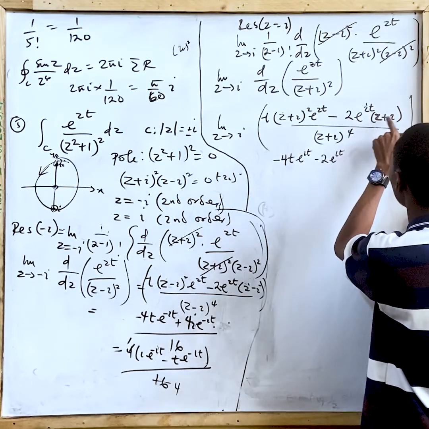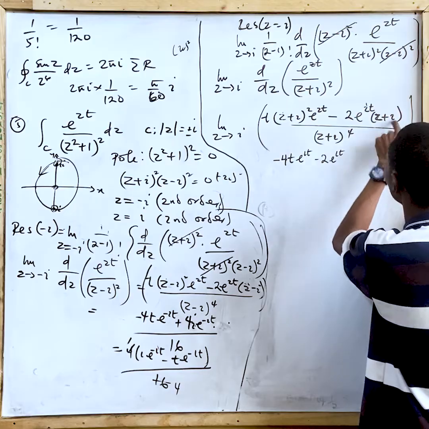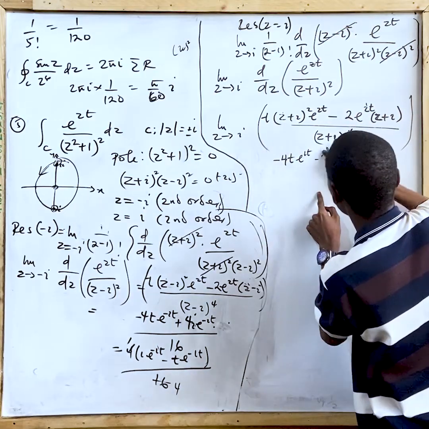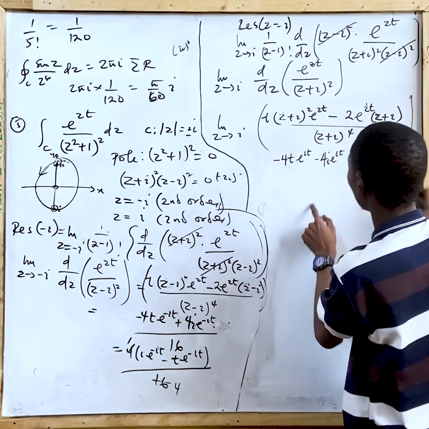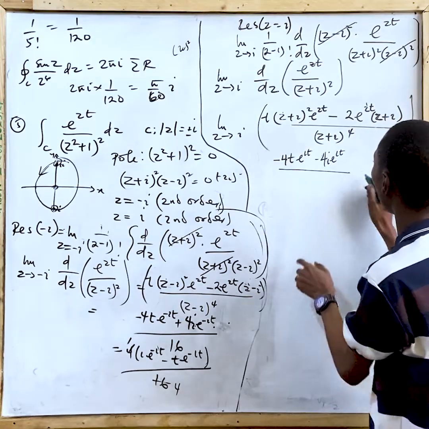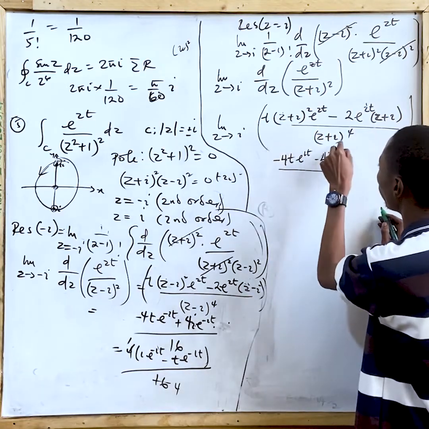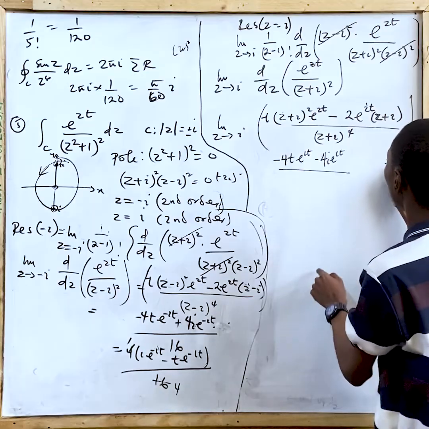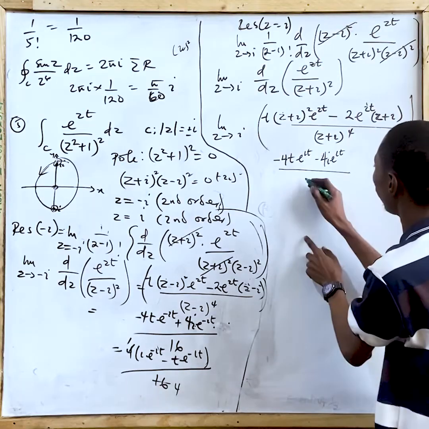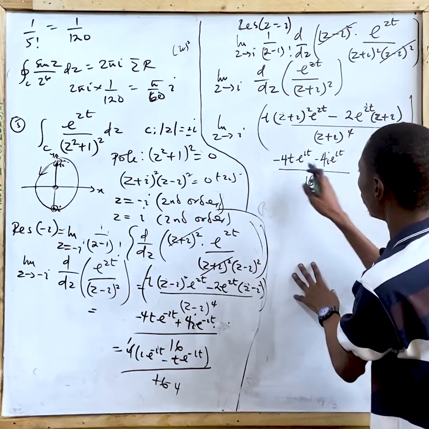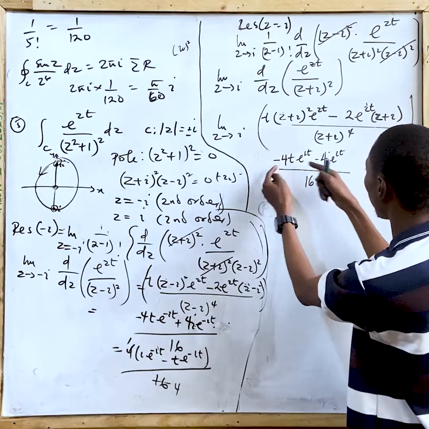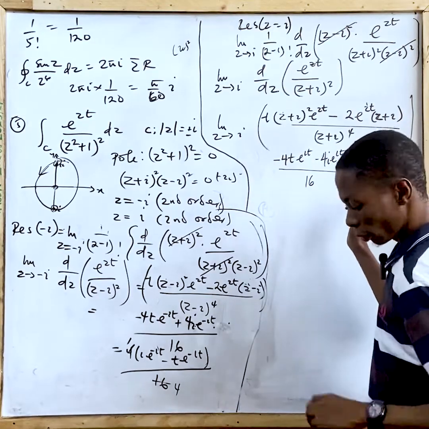Put z equals i plus i, 2i. Multiply by 2, it will now be 4i. All over, put z equals i plus i, 2i, all raised to the power 4. 2 raised to the power 4 is 16. i raised to the power 4 is 1. Or factorize minus 4, because minus 4 is common.